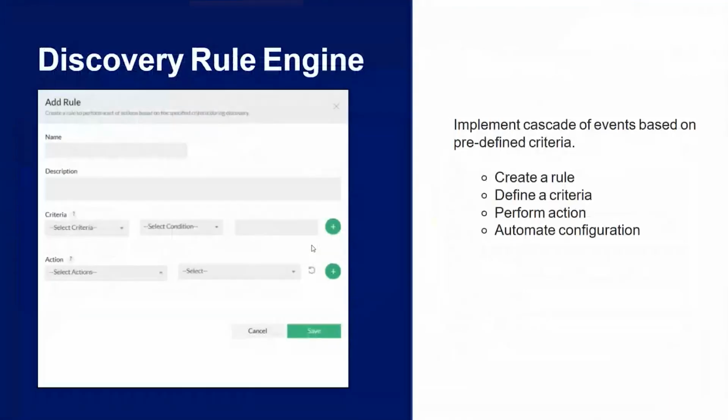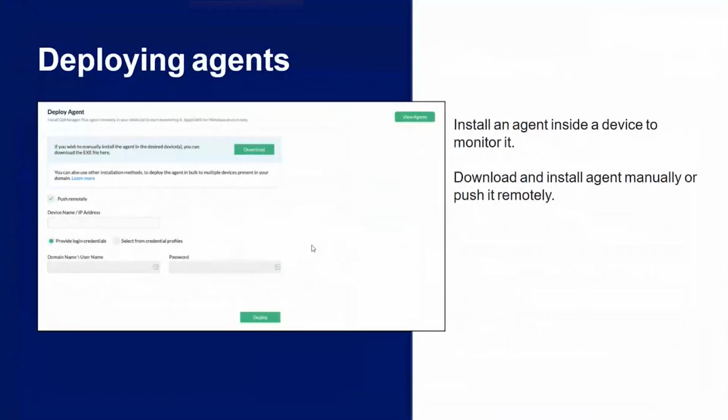So now that the discovery part is completed, the next thing is we also have agents. Primarily, OpManager is an agentless based monitoring tool. However, we also have agents to monitor or to discover your devices as well.